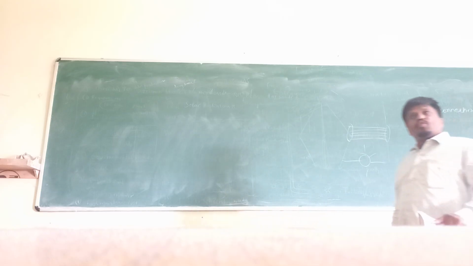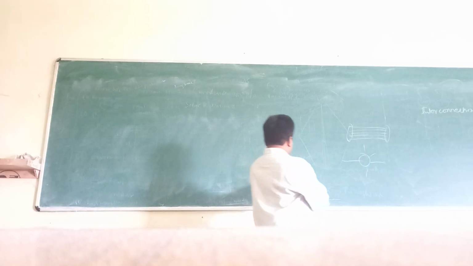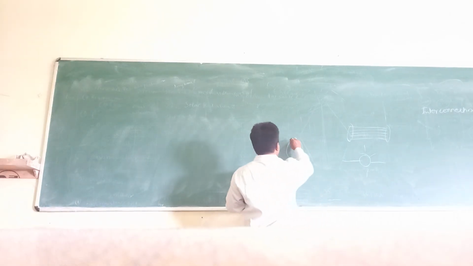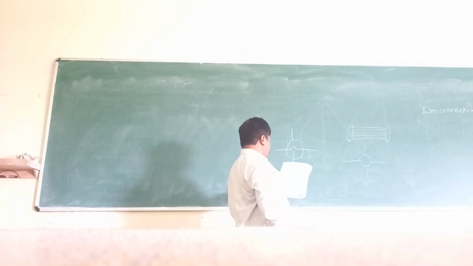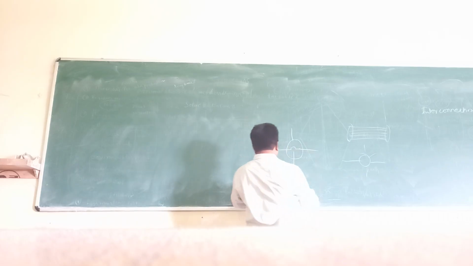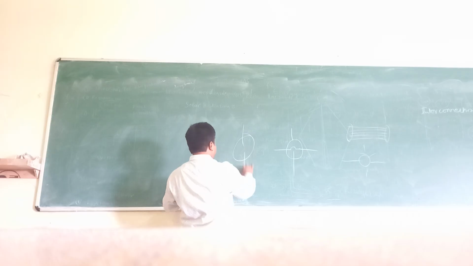There are 2 types of switch configurations. In the last class we discussed these things. I am recapping and giving some idea about the last class, because so many students were absent.